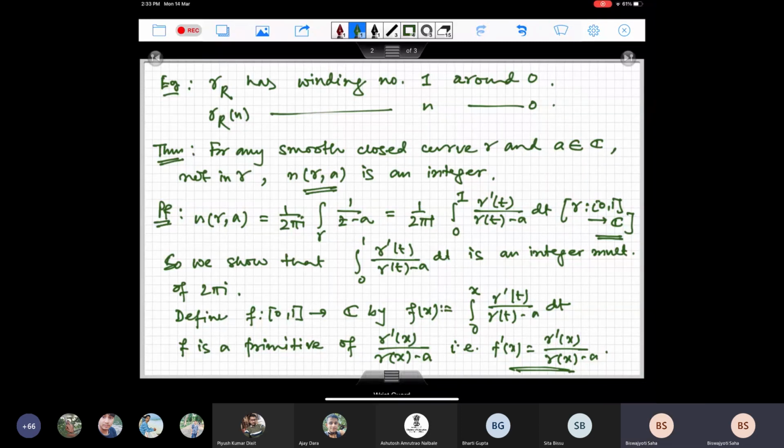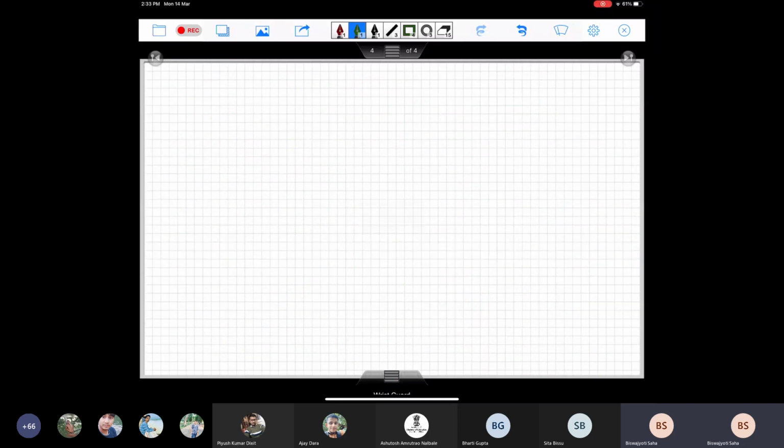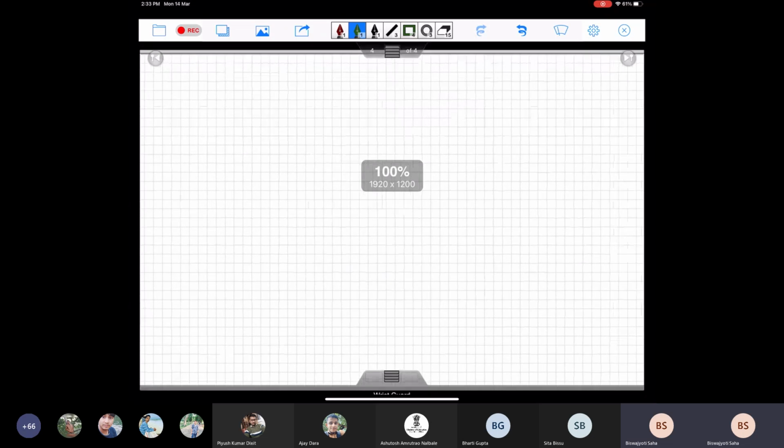And now that we know that the winding number is indeed an integer, we are now going to see some properties of this winding number. Okay, so of course let's say I have a very complicated path.